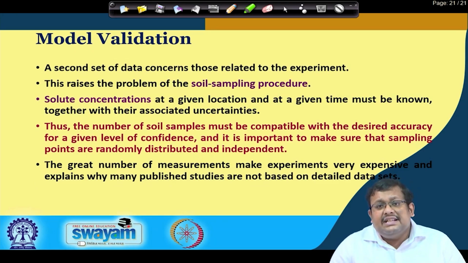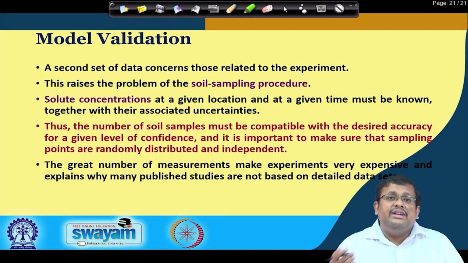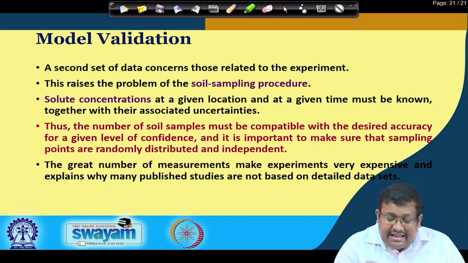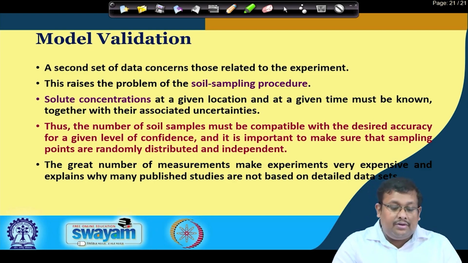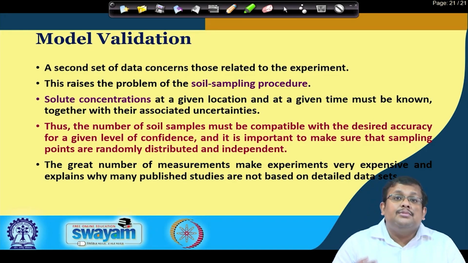Now, remember, for the model validation, a second set of data related to the experiment has to be gathered, and this raises the problem of the soil sampling procedure. And then solute concentration at a given location and a given time must be known together with their associated uncertainties. Thus, the number of soil samples must be compatible with the desired accuracy.